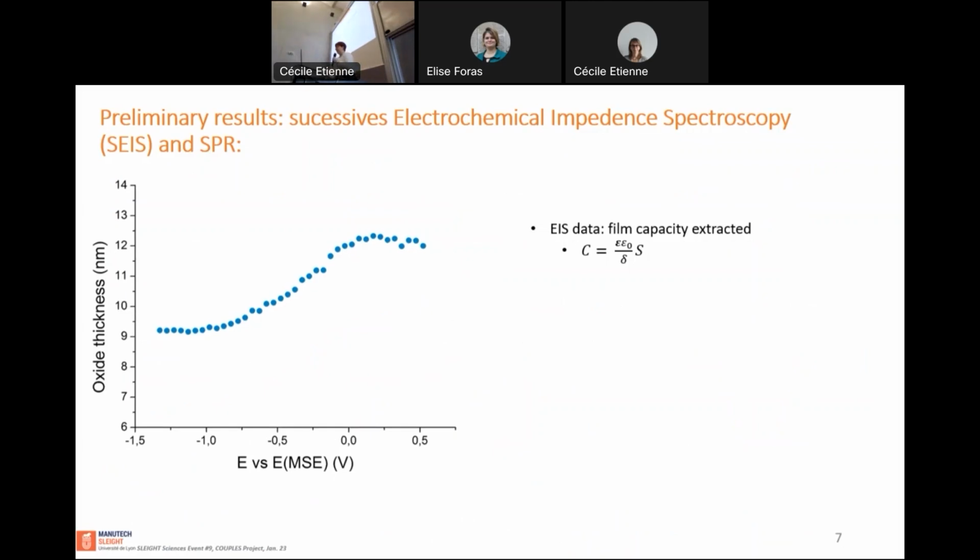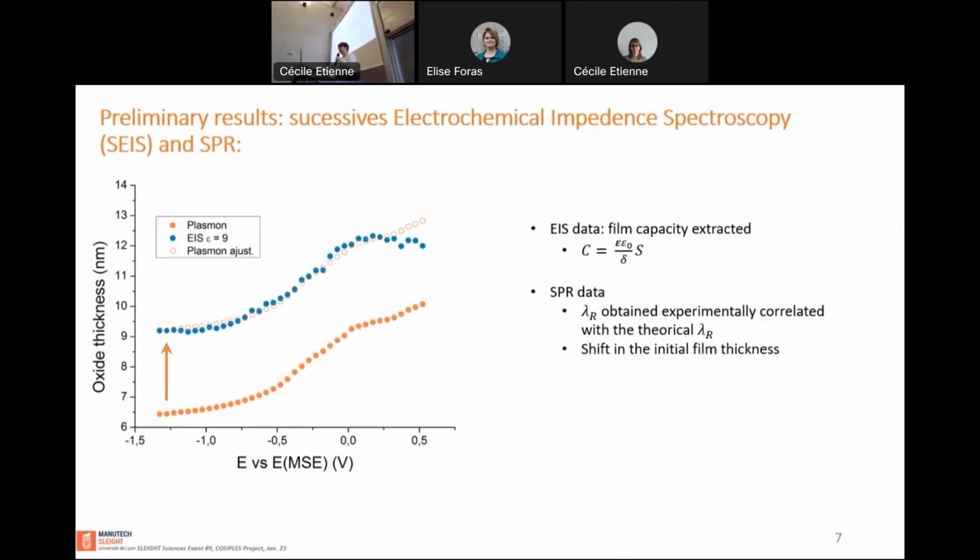And if we do a shift in the initial film thickness, we can see that there's a good superposition between those data. So actually, there's an uncertainty with the initial oxide thickness with the optical data.